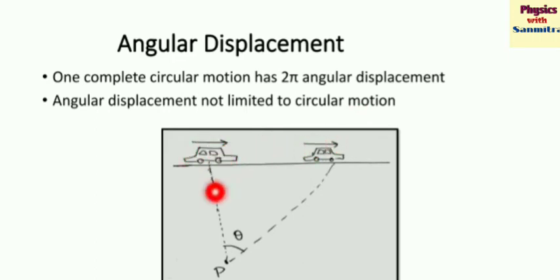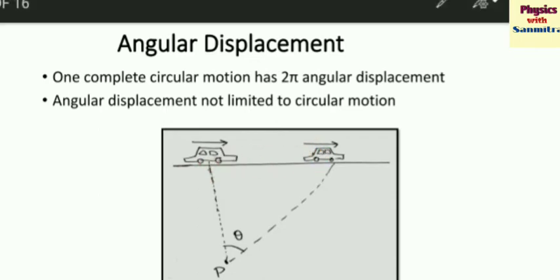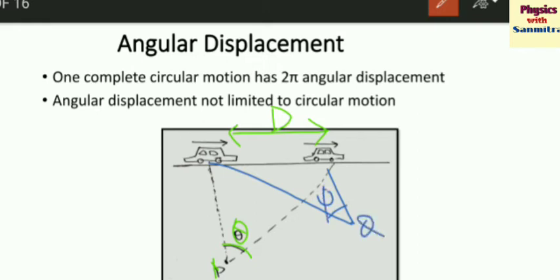Initially it was at this point P, the point of reference, and since it is moving like this, it has a linear displacement of capital D, but it has an angular displacement of theta radian with respect to point P. With respect to some other point, say Q, it has some other angle, say phi. So this is how we define angular displacement. I hope it is clear.